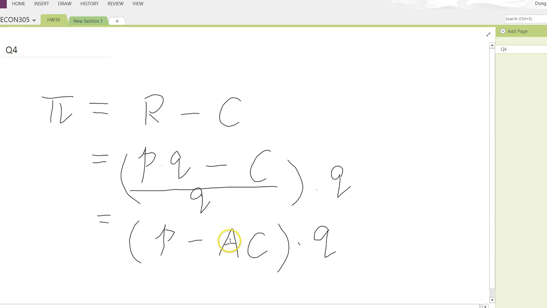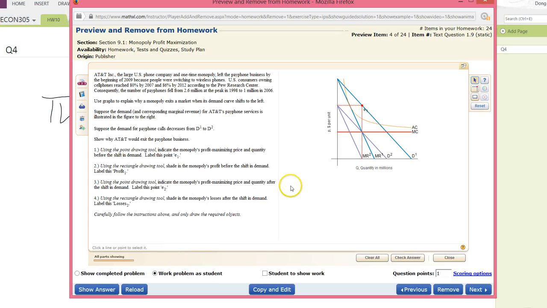The reason I write down the equation like this is that now you can see P minus average cost. Graphically speaking, this is the distance, because P is on the demand curve, and AC we are given. So P minus AC is simply the distance between the equilibrium point E1 and the point which has the same output but is on the AC curve. That's the point here.